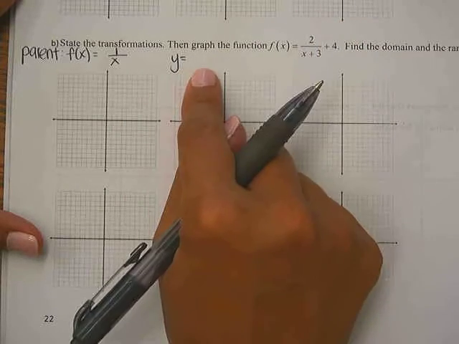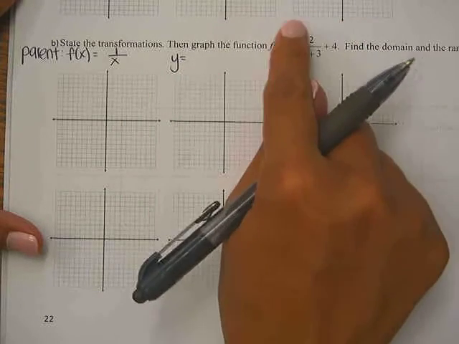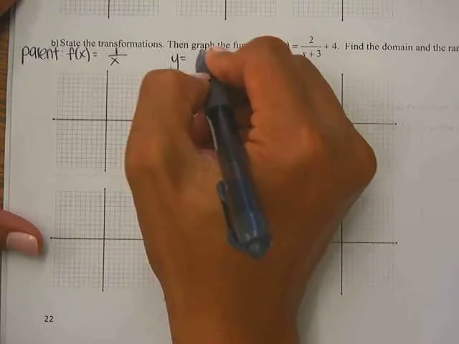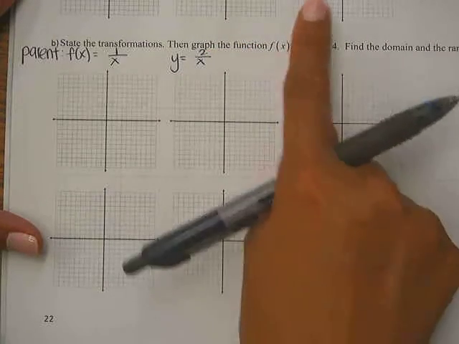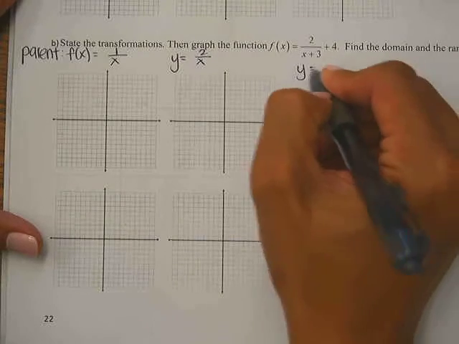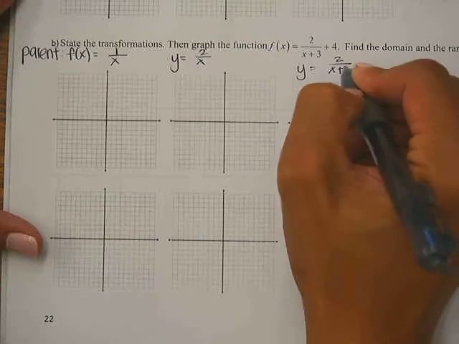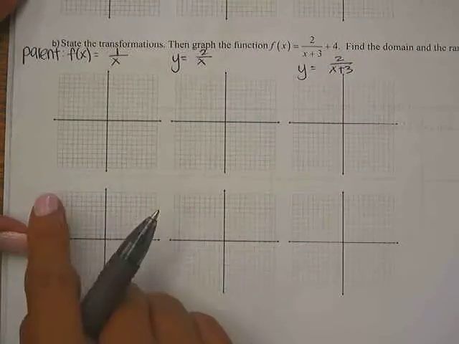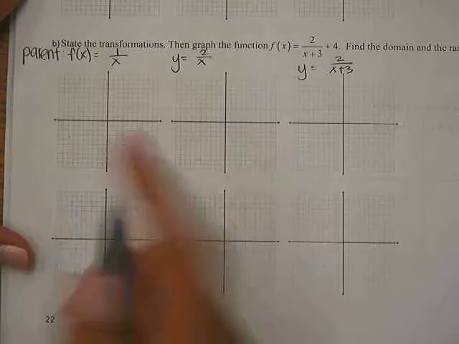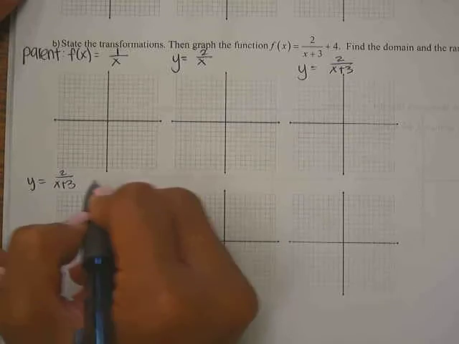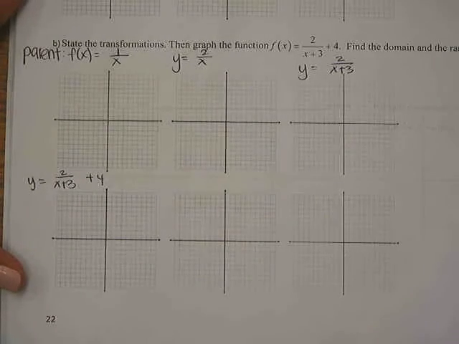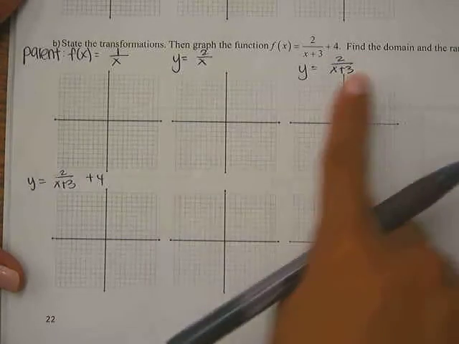The very first equation is 2 over x. The next one is y equals 2 over x plus 3. Then my next piece is y equals 2 over x plus 3, and then add the 4 at the end. As we are going along, we will come back and state each transformation.